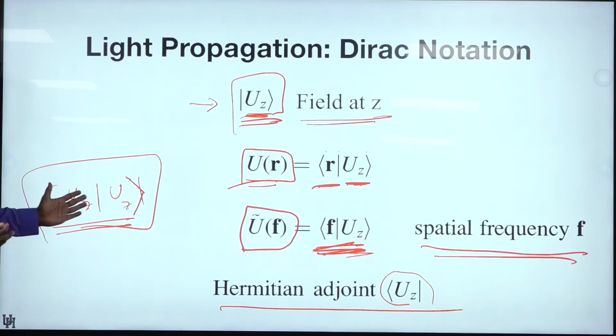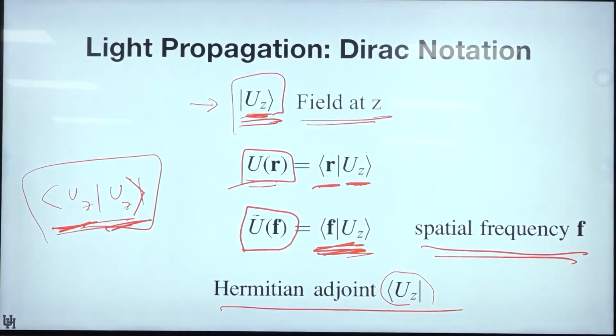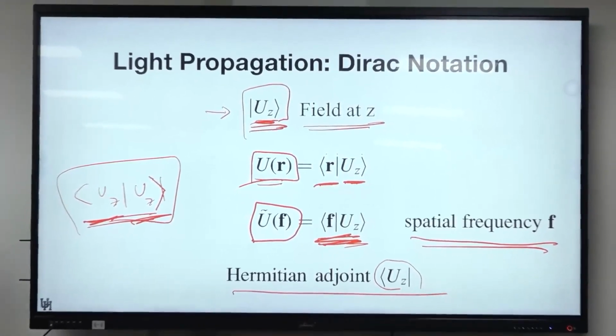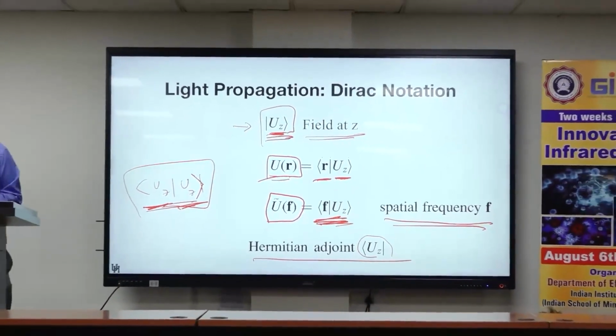The process of making a measurement is analogous to quantum mechanics, where you make a measurement and it collapses the wave function. You take the field, do this bracket, and it becomes an intensity value. Whatever you measure is that. That's the idea.